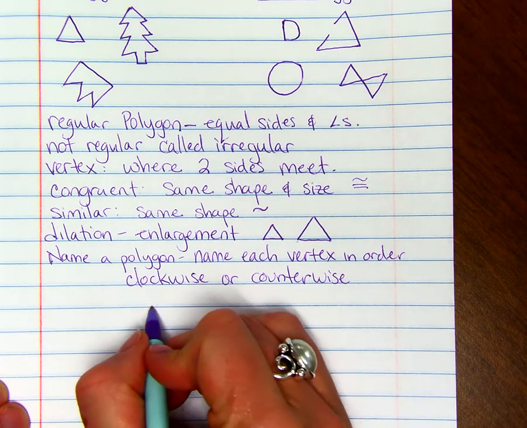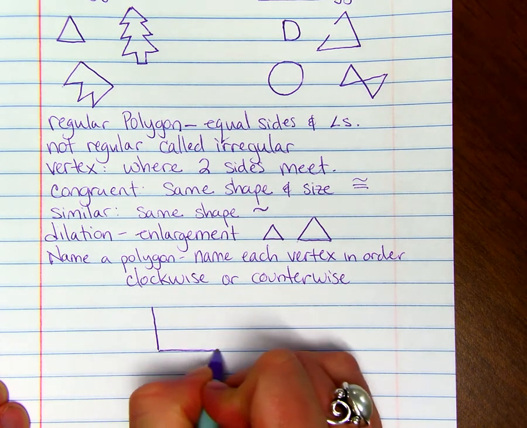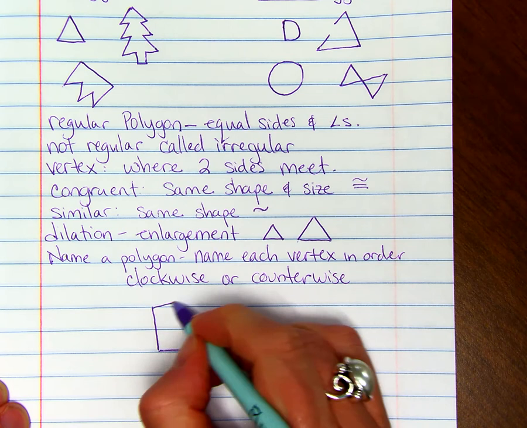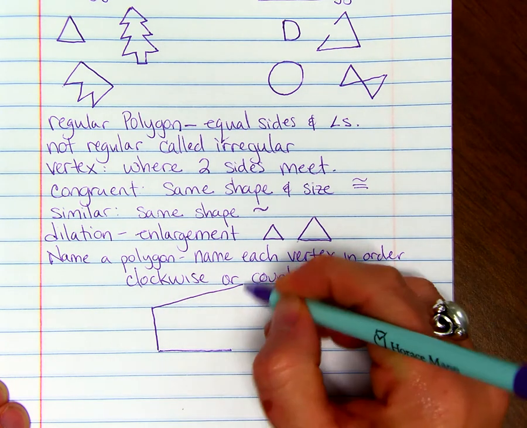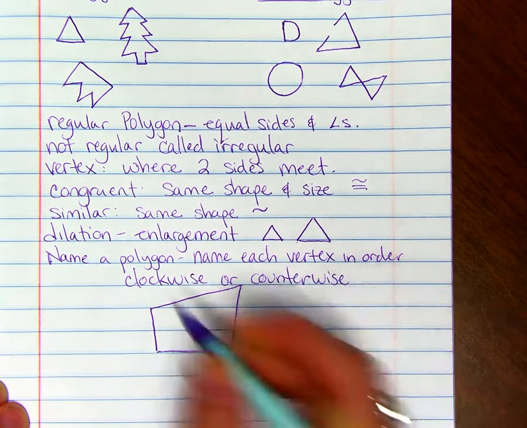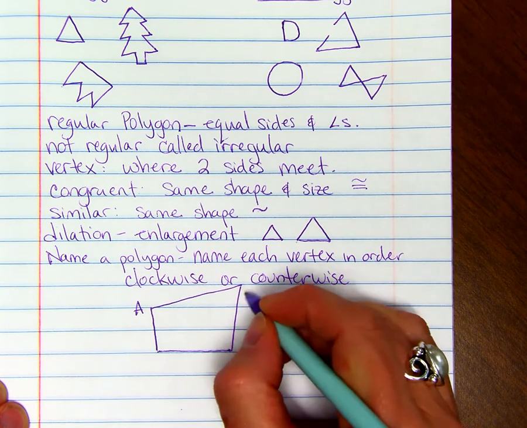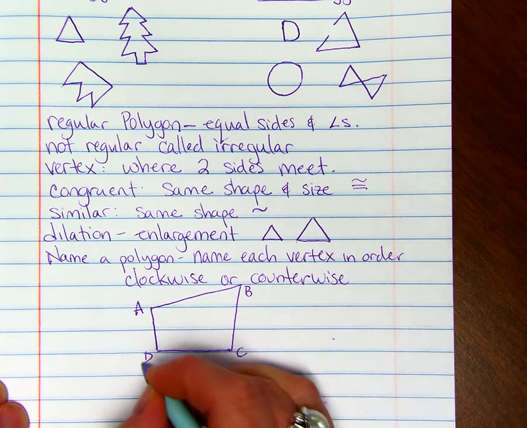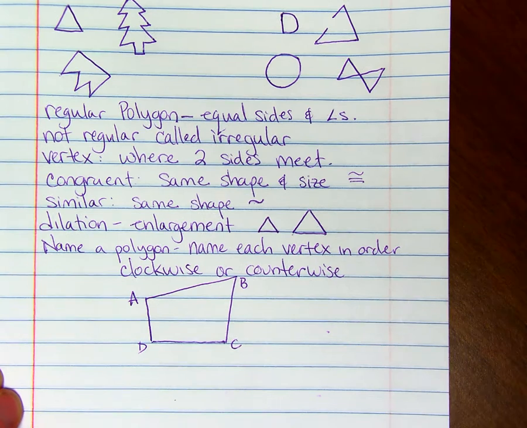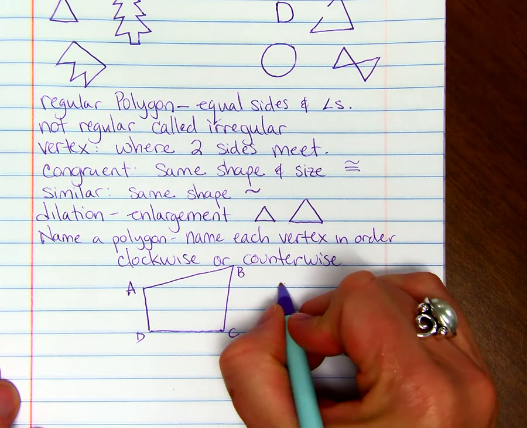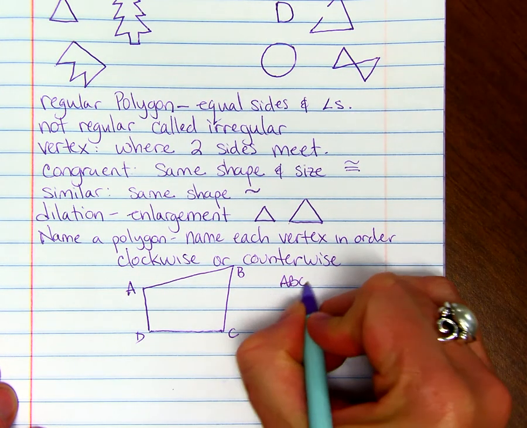So we're going to draw a figure ABCD that is a polygon. There's so many ways that you can name this. We can name it ABCD.